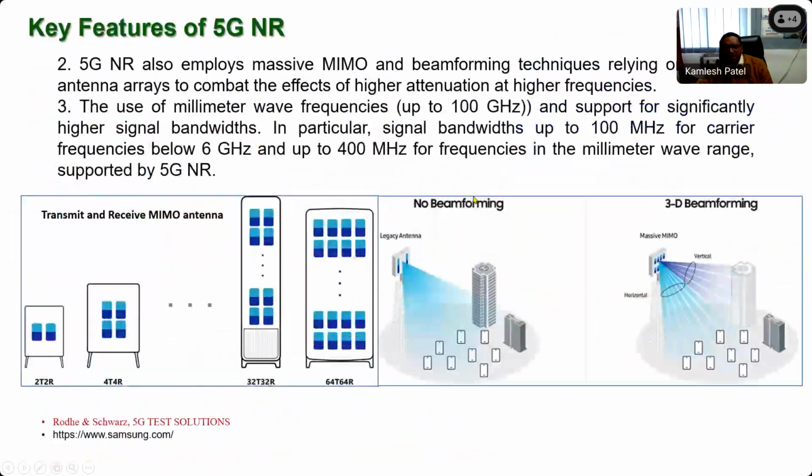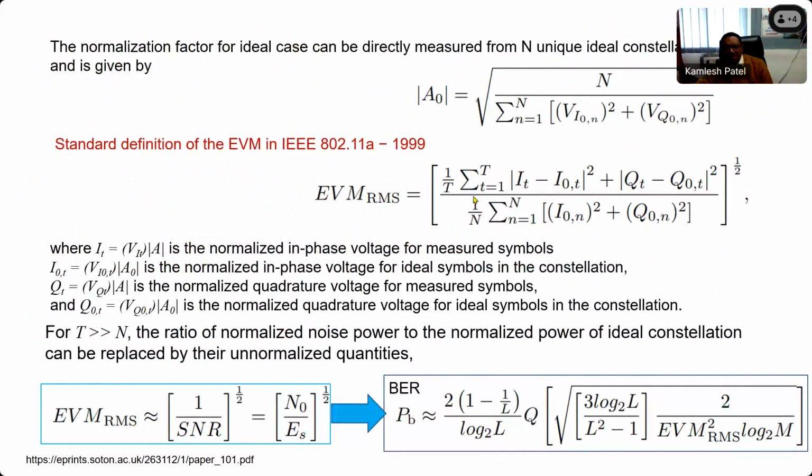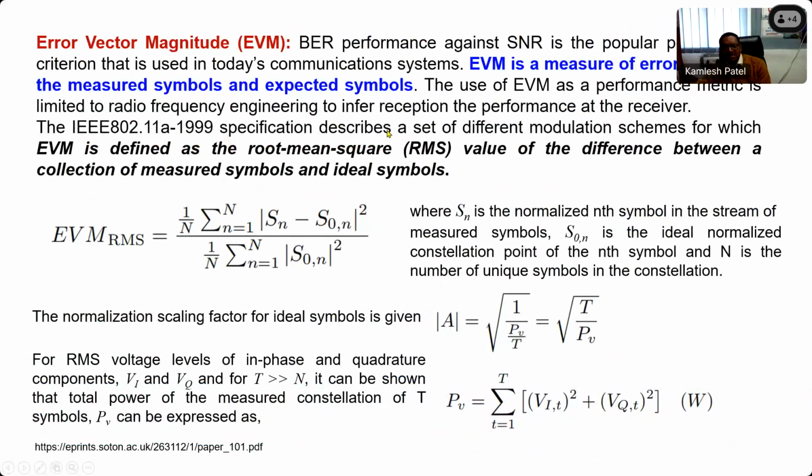We wanted these symbols to be transmitted from the transmitter side, and see how much is received on the receiver side. The difference of these two is termed the error vector magnitude. So the known symbols are already known on the transmitter side, and that has to be compared with the measured symbol on the receiver side. Any difference is termed the error vector magnitude.